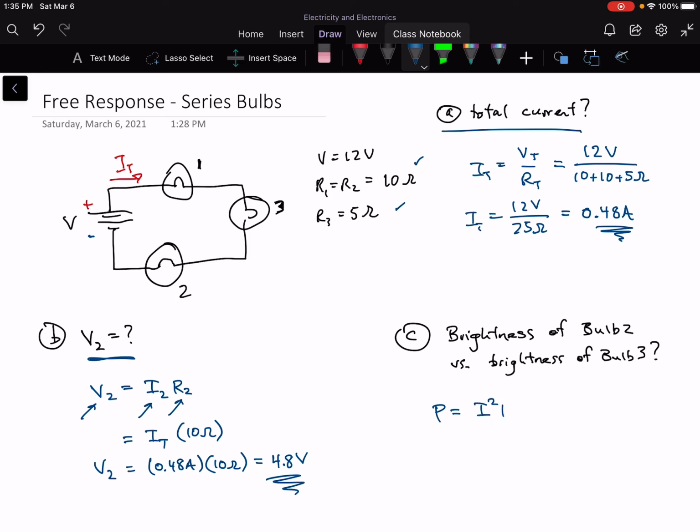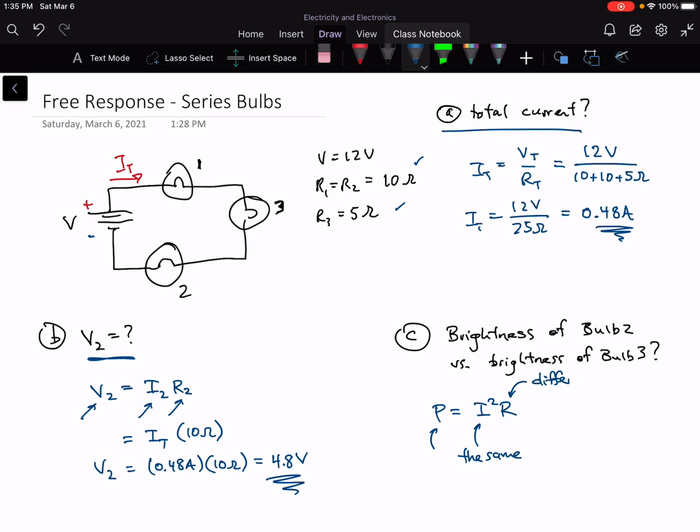Watt's law, I think the most convenient form to use is this one, tells us that the power being consumed is going to be equal to the current squared through whatever item times the resistance of that item. Well, we just talked about how the current is the same for bulbs 2 and 3 and everything else in the circuit, but this is different, right?